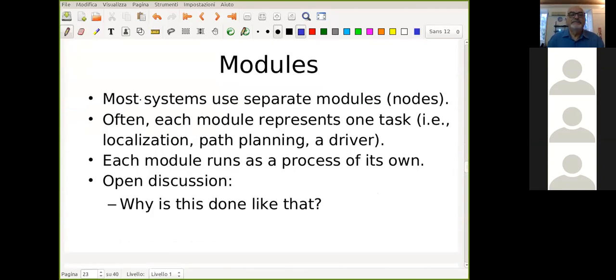Why modules? Well, I think that the answer is trivial. Why separate modules? Nodes, the ROS terminology. Each module represents one task: localization, path planning, a driver, probably a higher level driver, not exactly the piece of code inside the operating system.